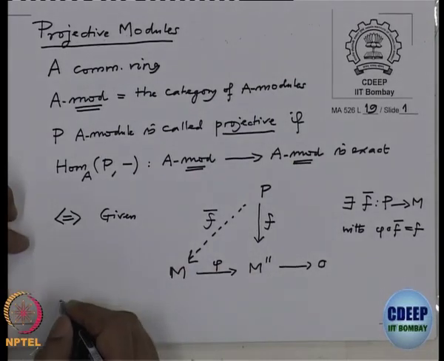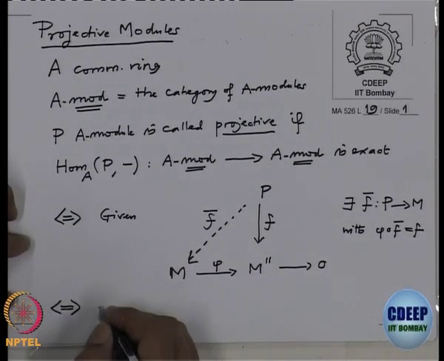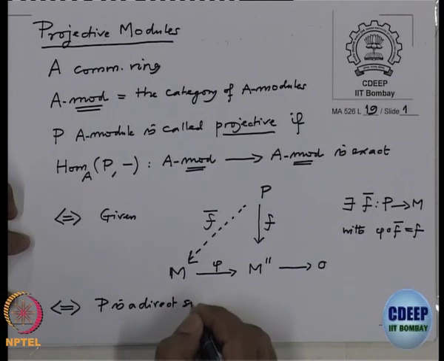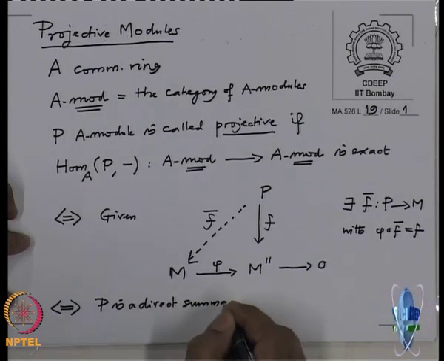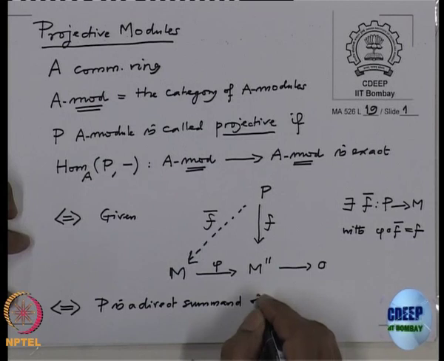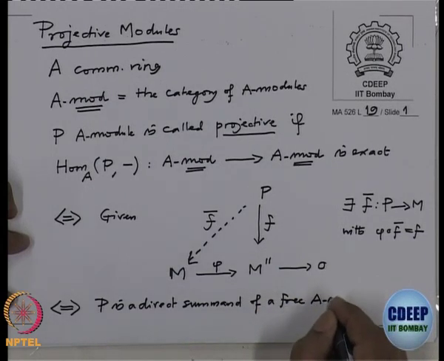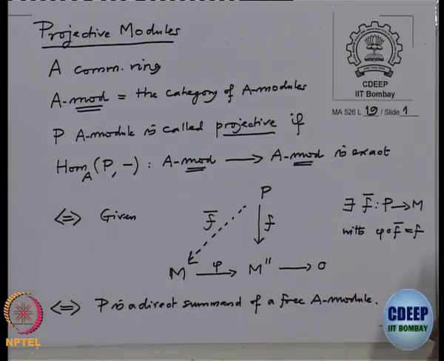This is also equivalent to saying that P is a direct summand of a free module, and a free module is a module which has a basis.